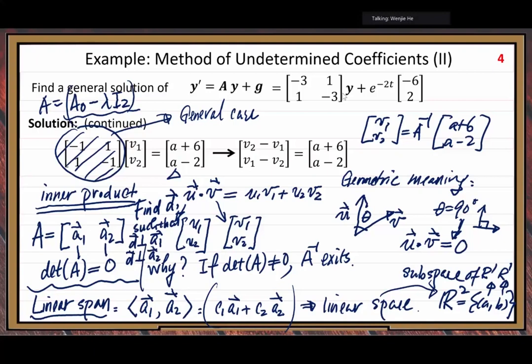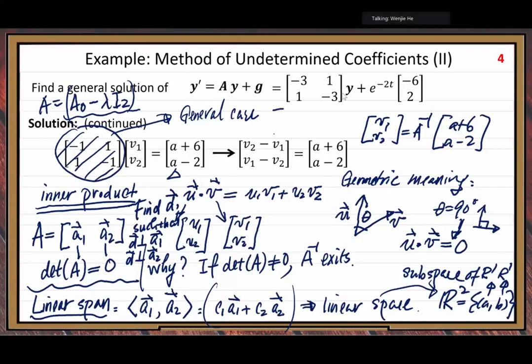Can you find it? We need to do this step. Find one D vector perpendicular to these two vectors. Actually, these two vectors are linearly dependent, so if it's perpendicular to the first one, then it must be perpendicular to the second one. So that's easy.